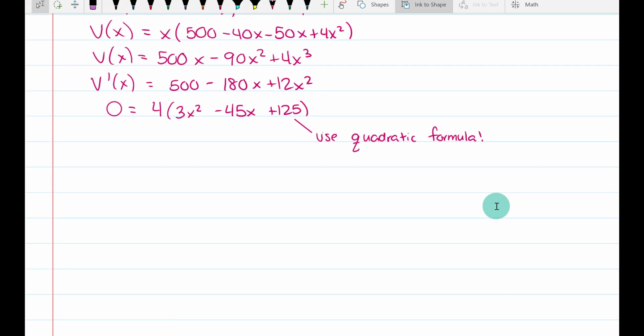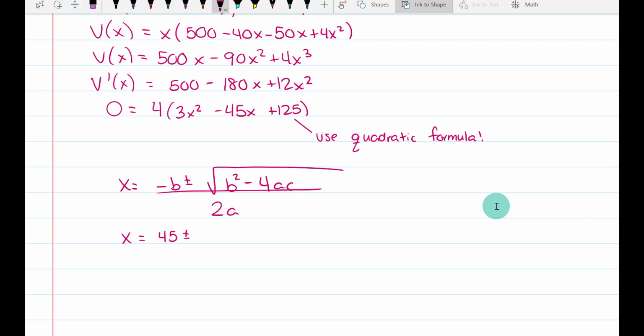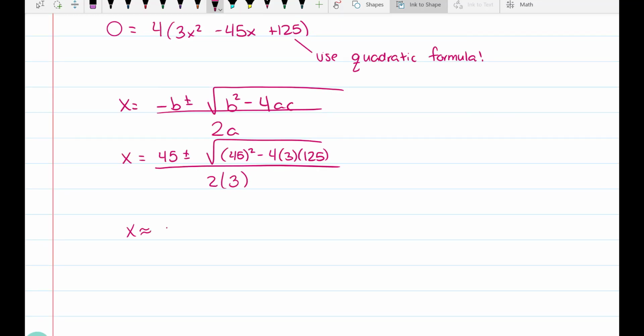I hope we all remember it: x equals negative b plus or minus the square root of b squared minus 4ac, all over 2a. So we have x equals 45 plus or minus the square root of 45 squared minus 4 times 3 times 125, all divided by 2 times 3. When you plug that into your calculator, you'll get x is about 3.68 and 11.32.